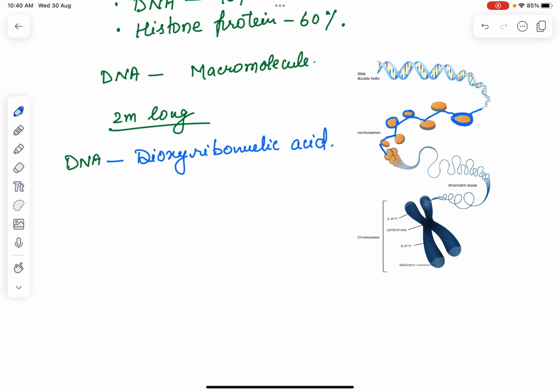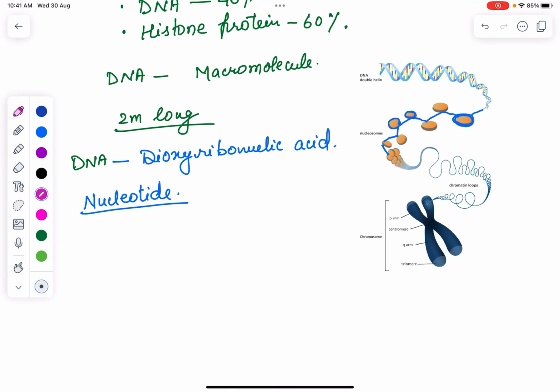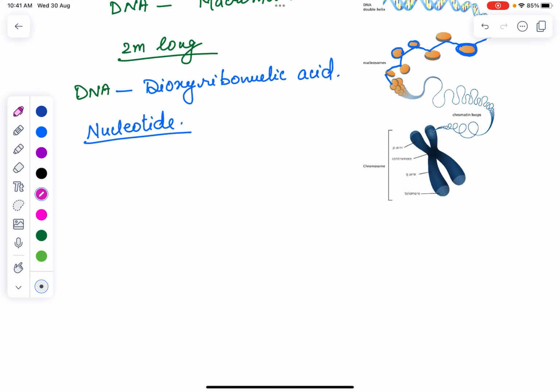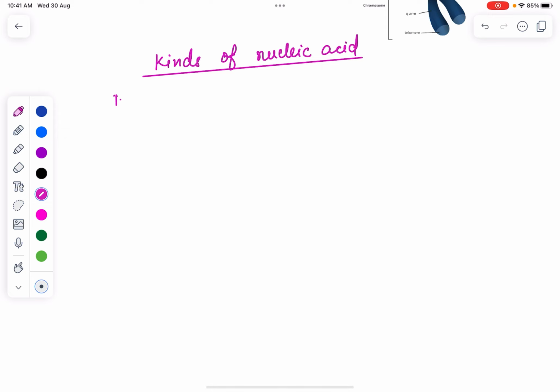Each single DNA strand is composed of repeating nucleotides. Before that, I am going to explain a few terms. First of all, I will explain kinds of nucleic acid: DNA, RNA.